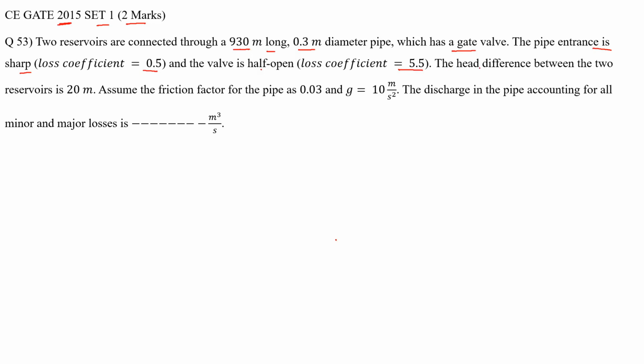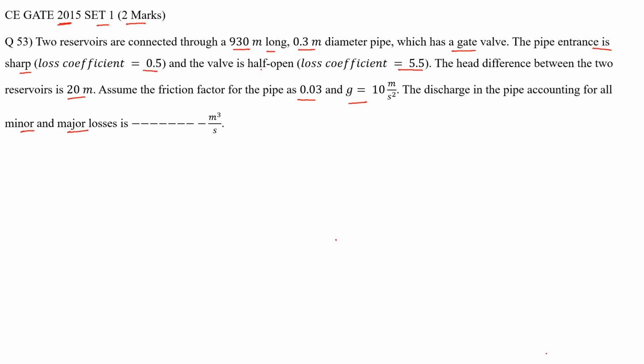Okay, the head difference between the two reservoirs is observed to be 20 meters. Assume the friction factor for the pipe is 0.03 and g as 10 meter per second square. Now our interest is to compute the discharge after accounting for all the minor and major losses in this particular system.